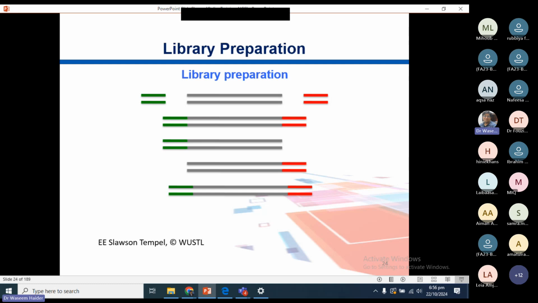Library preps: what you do is you take those fragments and break them into short fragments according to the specification of the sequencer. If the sequencer says give me a fragment of size 100, you cut it at size 100. If it asks for 150 bases, do 150. If you give it 100 when it wants 150, you are underutilizing its resources.